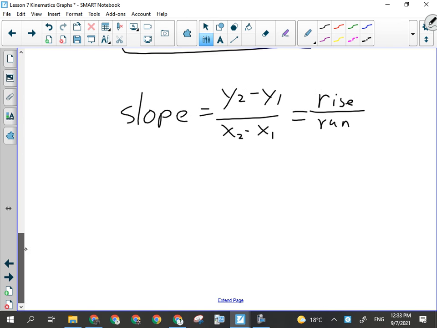So really what we're seeing here is that slope equals final position, my second y value, minus initial position, my first y value, divided by my final time minus my initial time. What does final position minus initial position calculate? We used it last week.